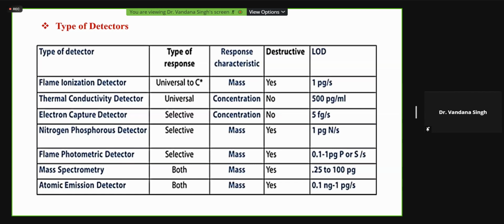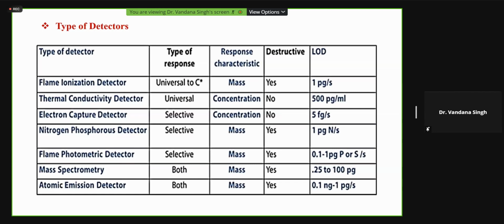We will discuss it later in elaboration, and it gives additional resolution to the GC system. Another one is the atomic emission detector. This is also universal as well as selective. It responds to the mass, and its range is around 0.1 to 1 nanogram to 1 picogram per second.